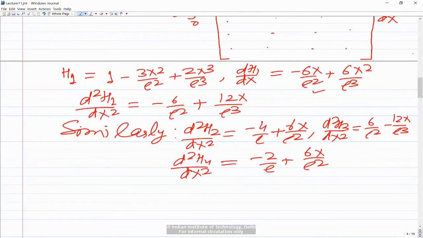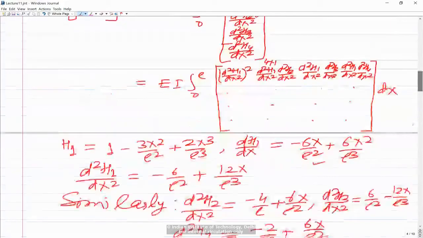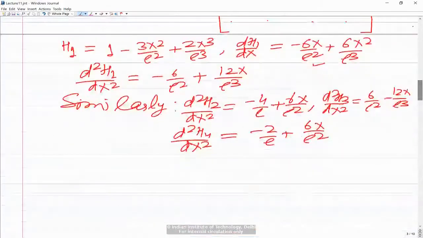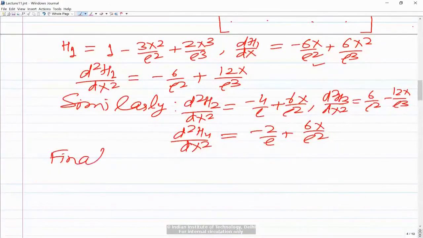So these are the second derivatives. Now you put all the values in this matrix and then integrate. Of course you have to do some algebra and the integration. So finally I am writing the end result.